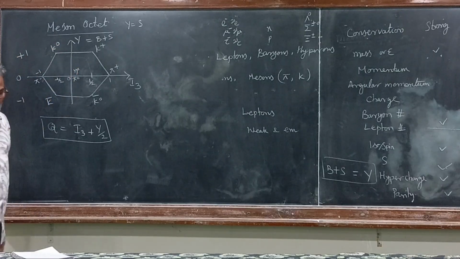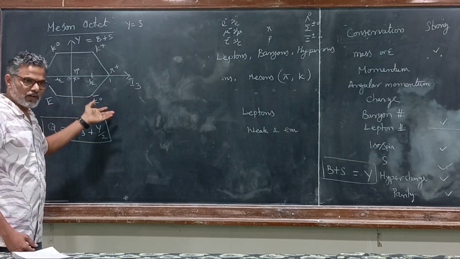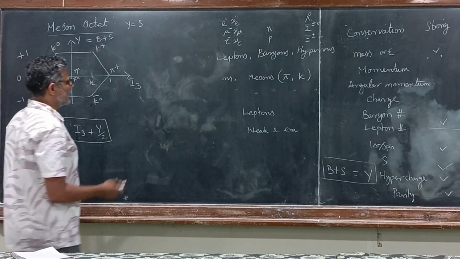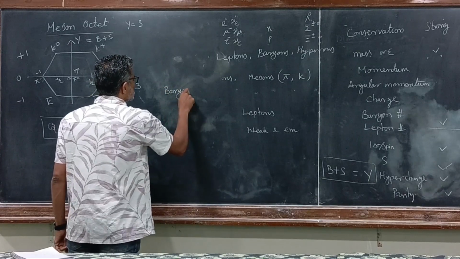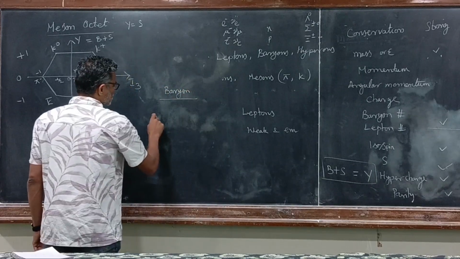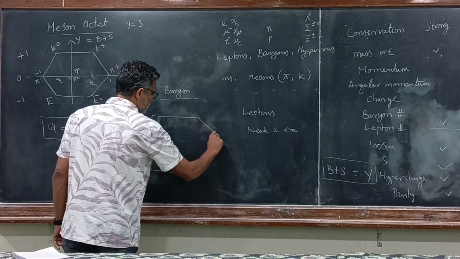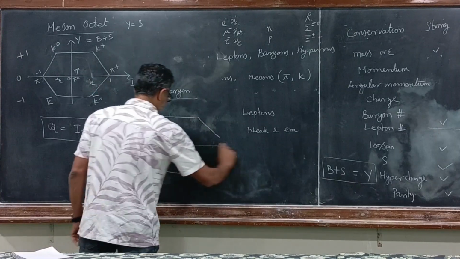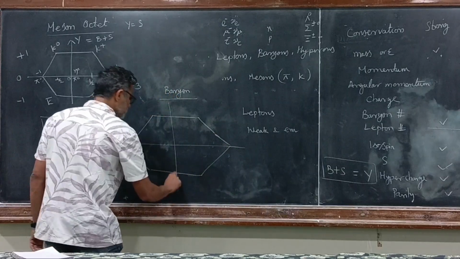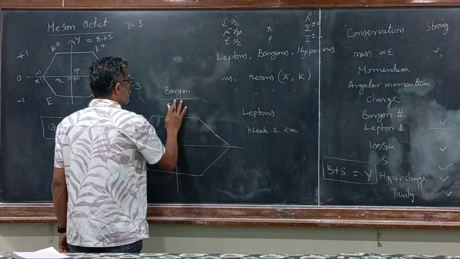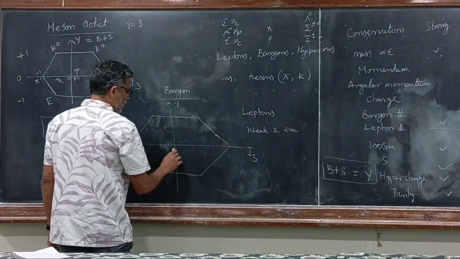Correspondingly, you can also draw this in terms of quark values, but that we will do later if required. And then the baryon. For the baryon, again you have an octet, something like this. Again you have y and I3.